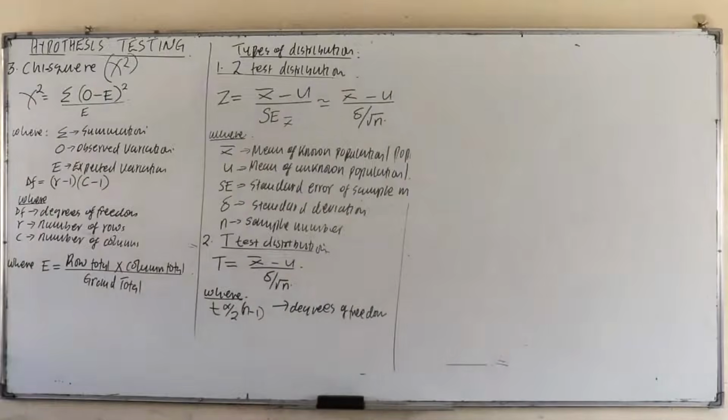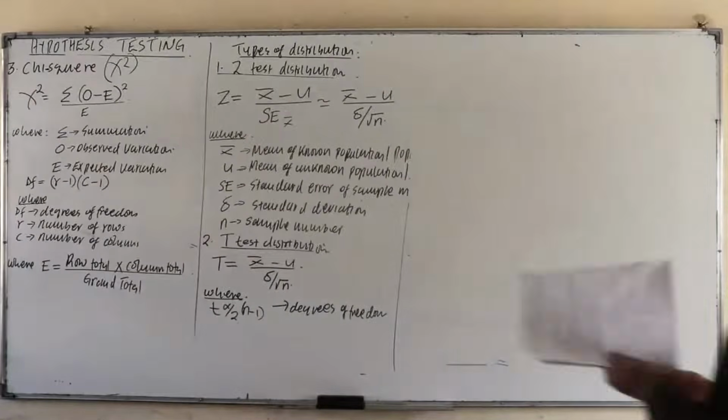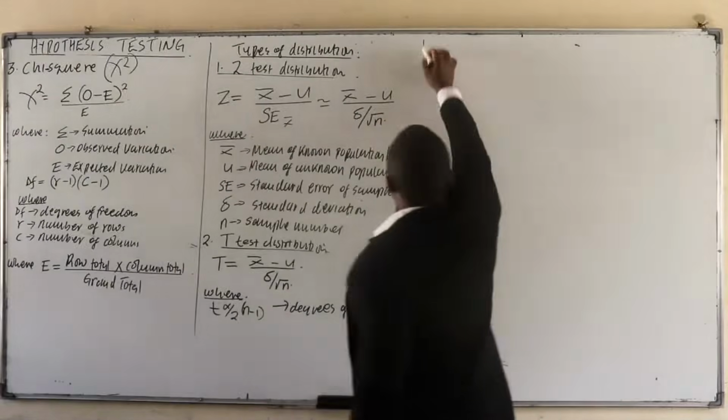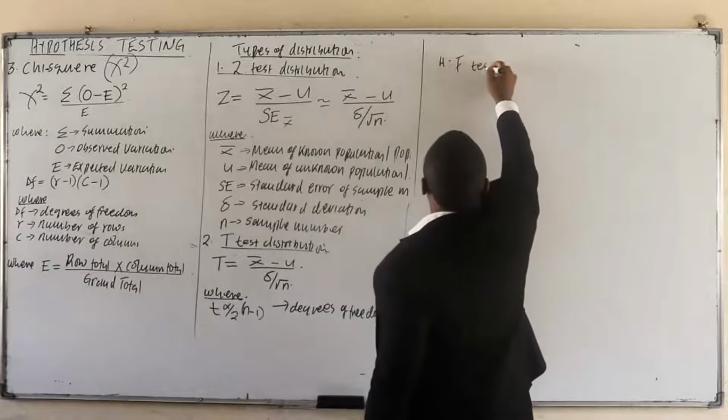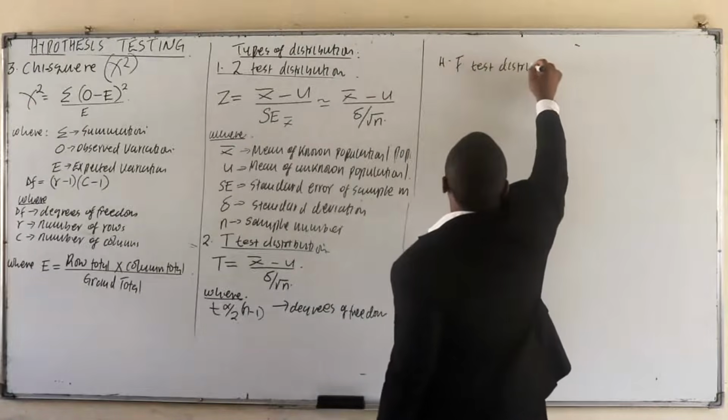So that's the third distribution. And lastly, that's number 4, the F-test distribution.